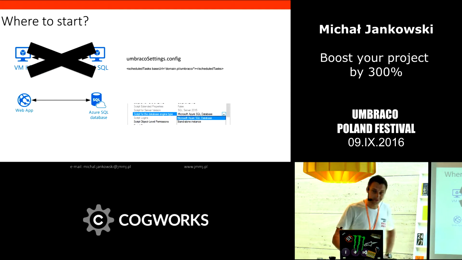It sounds easy, sounds nice, but the first thing is that Umbraco has an auto-publish feature. It's a task which runs and publishes, and when we move here, our loopback becomes unavailable because we share resources with others.